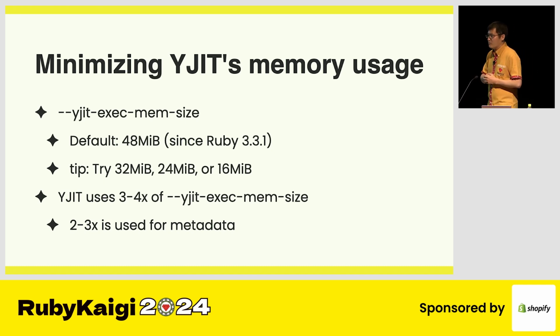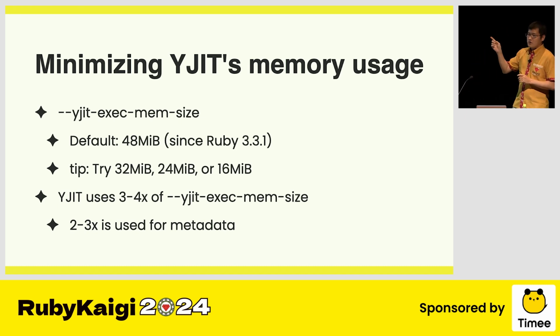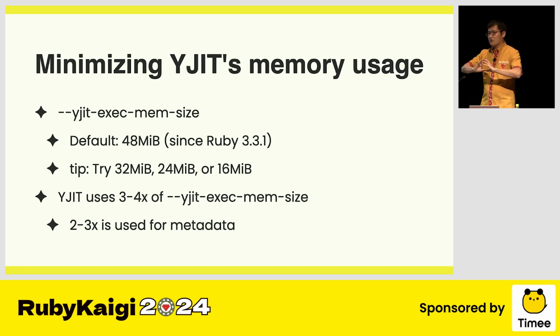I heard that GitHub folks are using a smaller memory configuration. So as long as your application is smaller than GitHub's, you should be able to do that too. And the caveat here is exec mem size only controls the JIT code size. YJIT also needs to maintain the metadata for each JIT code.